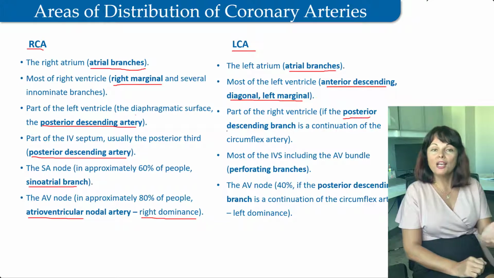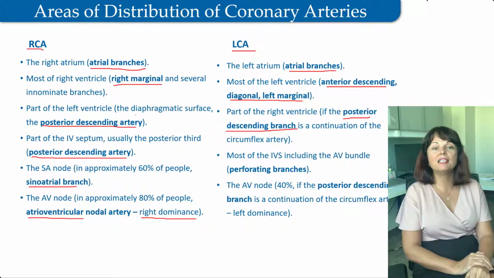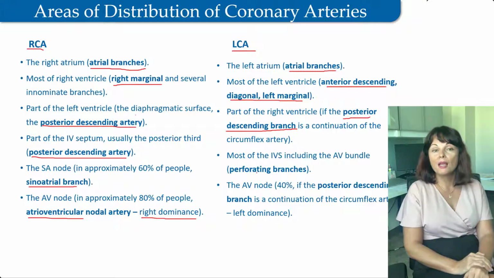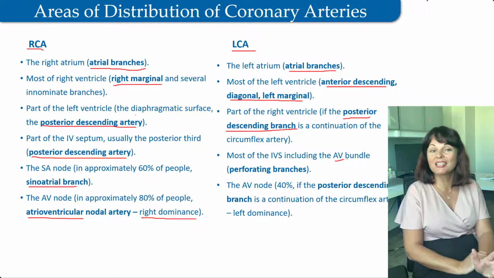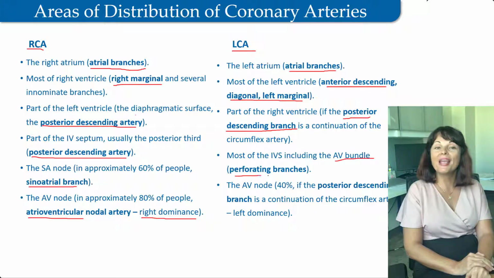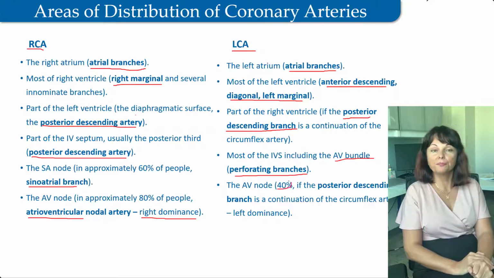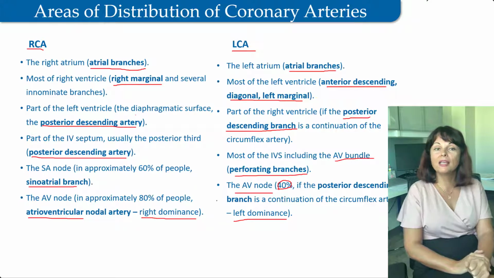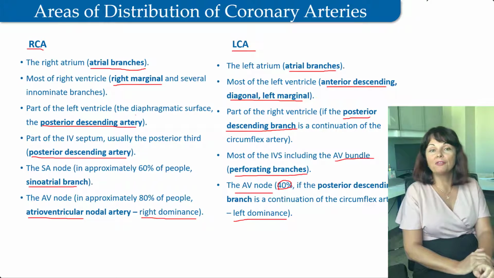Part of the right ventricle if the posterior descending branch is a continuation of the circumflex artery, and traditionally it supplies most of the interventricular septum, including the AV bundle, giving off the perforating branches to it. And in 40% of cases it supplies the AV node if the posterior descending branch is a continuation of the circumflex artery, in case we have the left dominance of the heart.